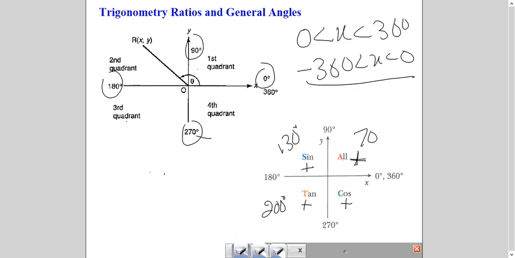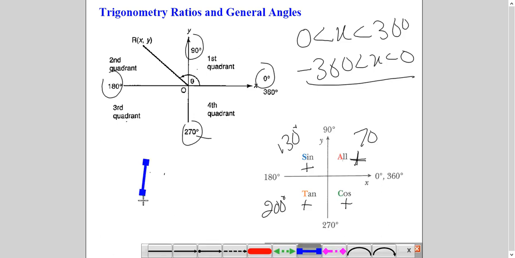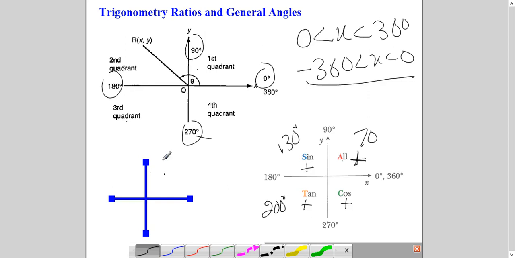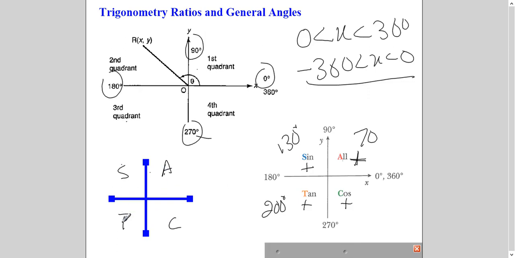It's very important in that case, so you have to remember it. We usually call it, at that time, apply ASTC. ASTC means all, sine, tan, cos. This is the way we remember in which quadrant which trigonometric ratio is positive or negative without even using a calculator.